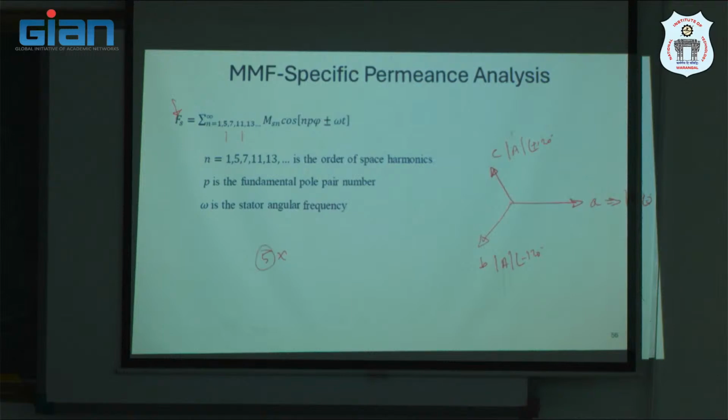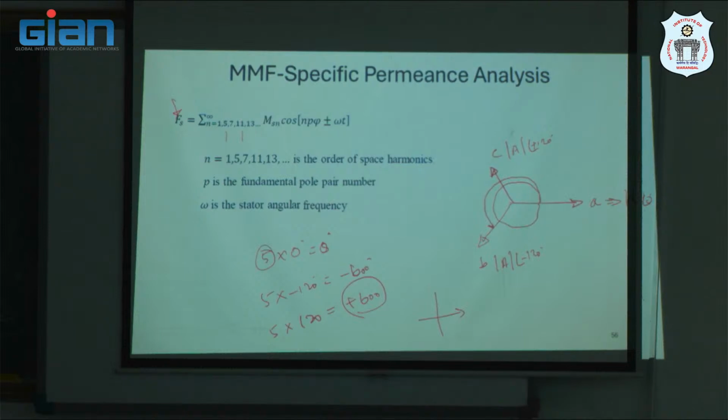If I do 5 times the angle, 5 times 0 is 0, 5 times minus 120, what is it? Minus 600. 5 times plus 120, plus 600. So in a circular frame of reference, when I have 360 degrees overall, 600 is nothing but 360 plus some angle. 360 plus 240. So if I go around, this is 360 and then another 240 will be here.